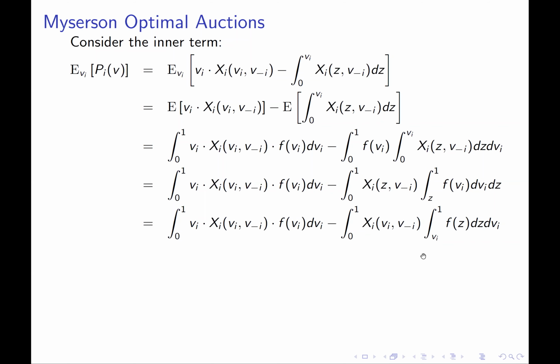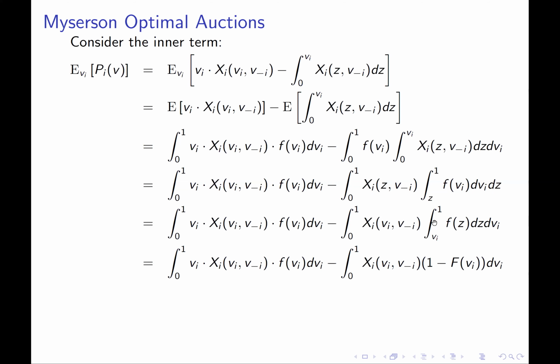Okay. And what did we gain by swapping the order of integration? Well, one thing we gained is that this inner integral is now more interpretable. What is this inner integral? It's now the value of the probability density function, right? Integrated over all values that are vi or larger. So it is just the probability that a randomly drawn valuation from our distribution is larger than vi.